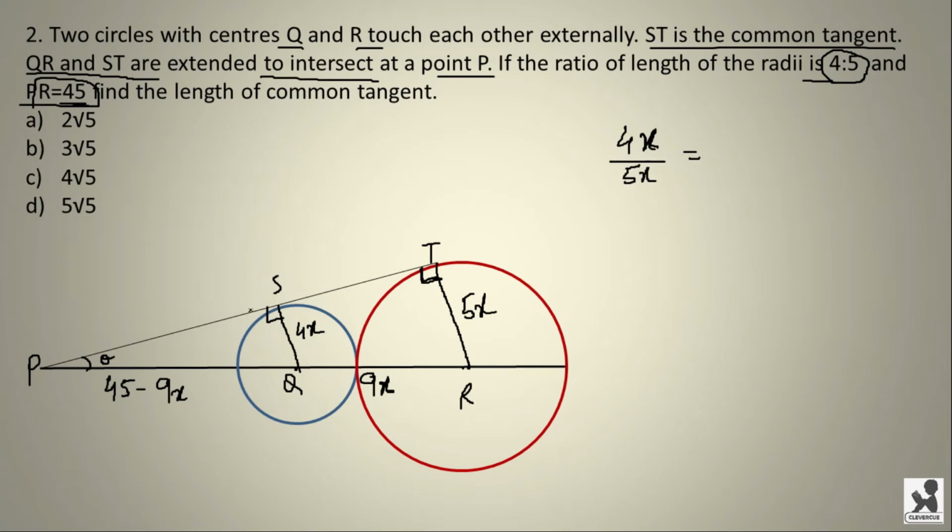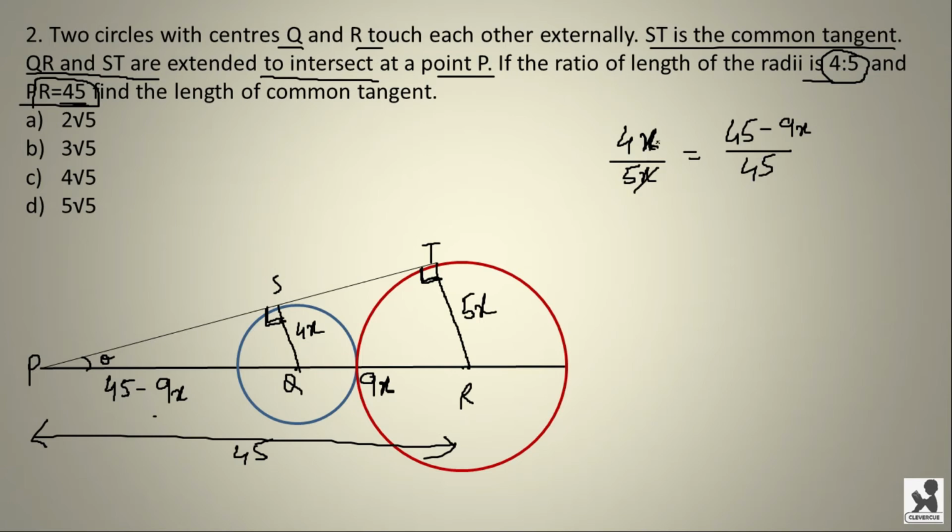Now consider 90 degrees. The side opposite to 90 degrees is 45 minus 9x in the smaller triangle, and in the bigger triangle the length is given as 45. So in the denominator we get 45.